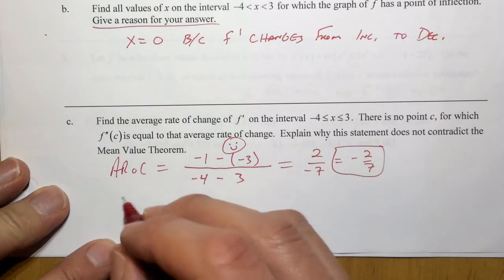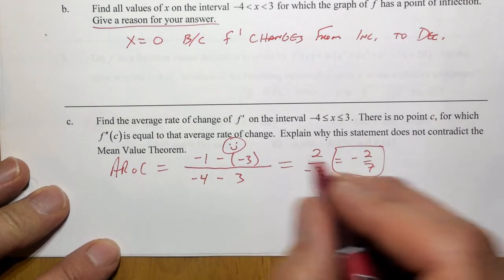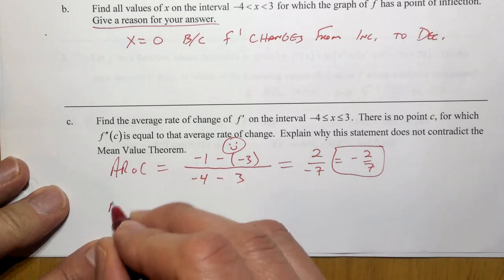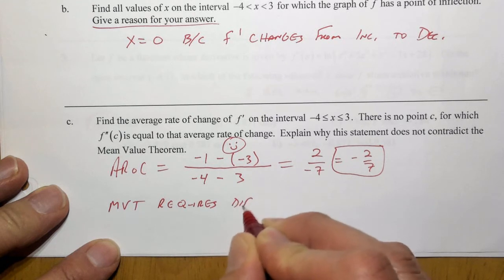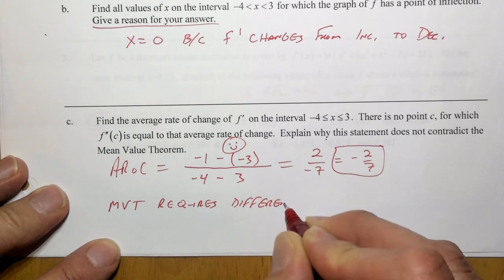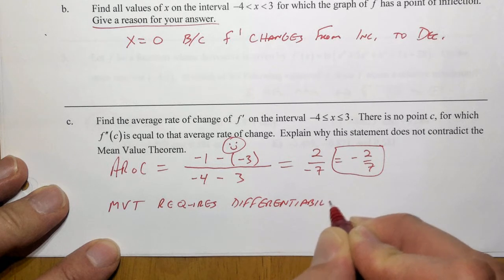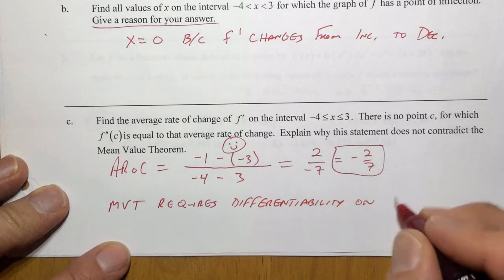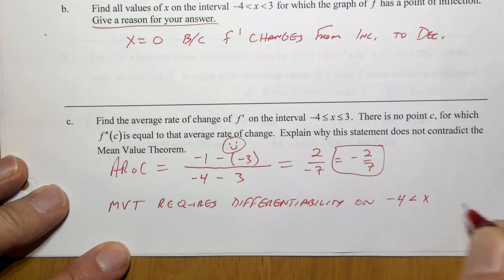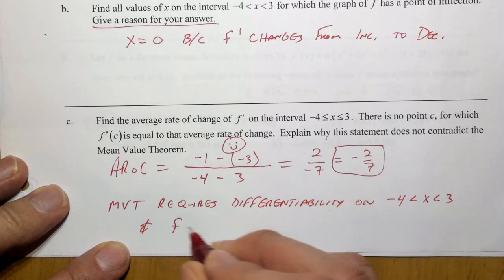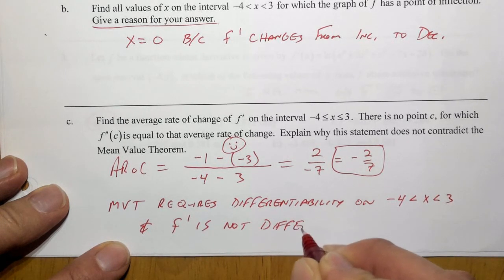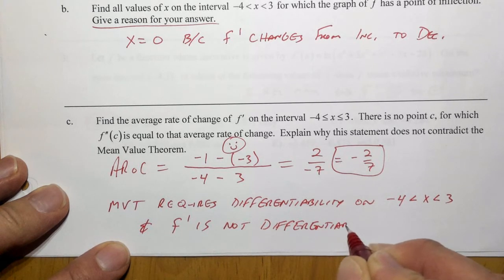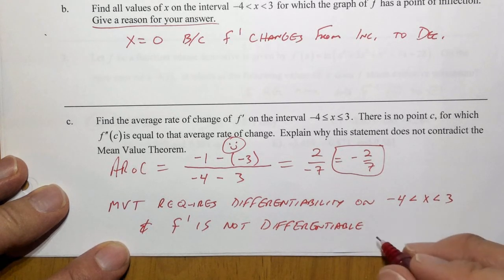You can. Ultimately, you have to explain why the statement does not contradict the mean value theorem. So the MVT requires differentiability on the open interval. Notice I'm not including the endpoints. Right? And f prime is not differentiable on this interval.